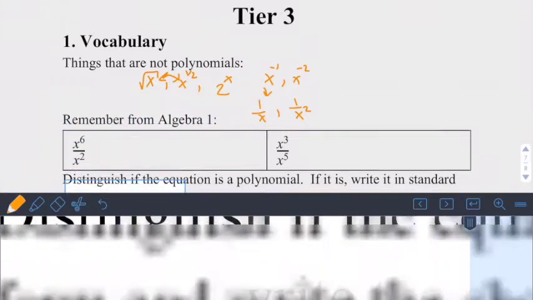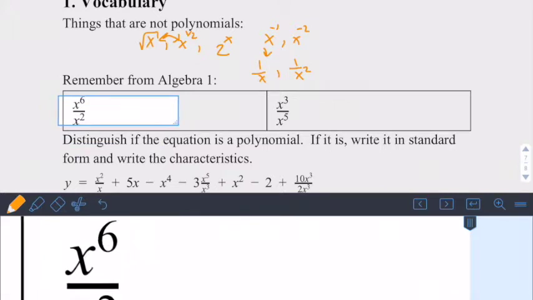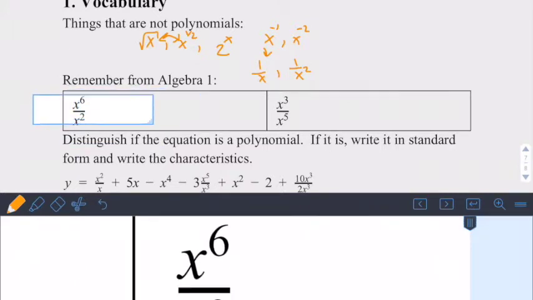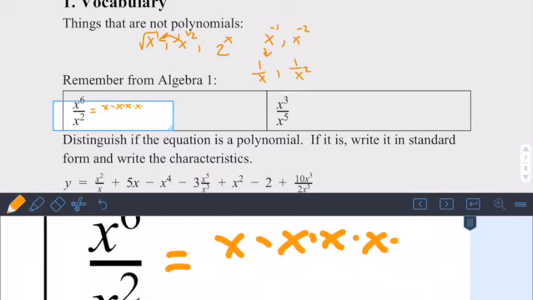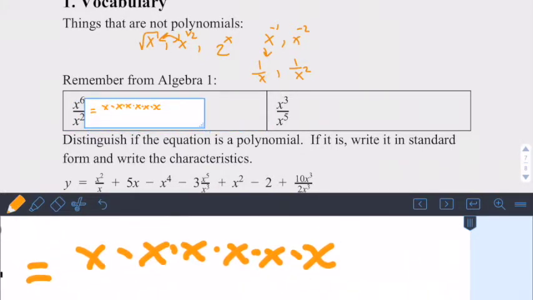So we need to remember something from Algebra 1. Remember when we divide exponents, the rule is we subtract. If we're dividing, we subtract. So what I could write is x times x times x times x times x times x, there's 1, 2, 3, 4, 5, 6, all over x squared, 1, 2.